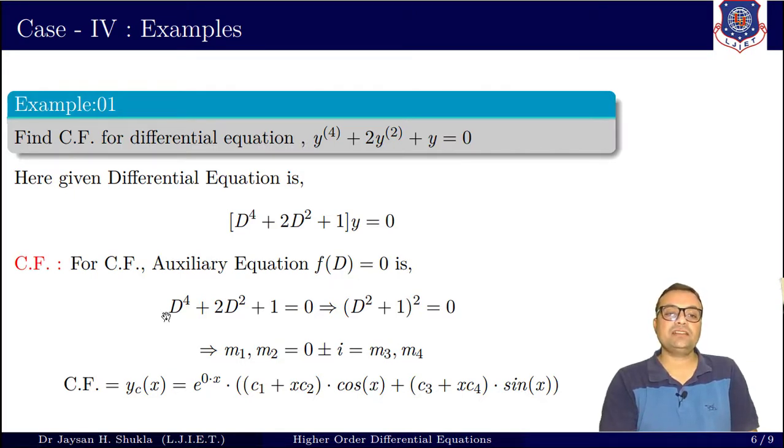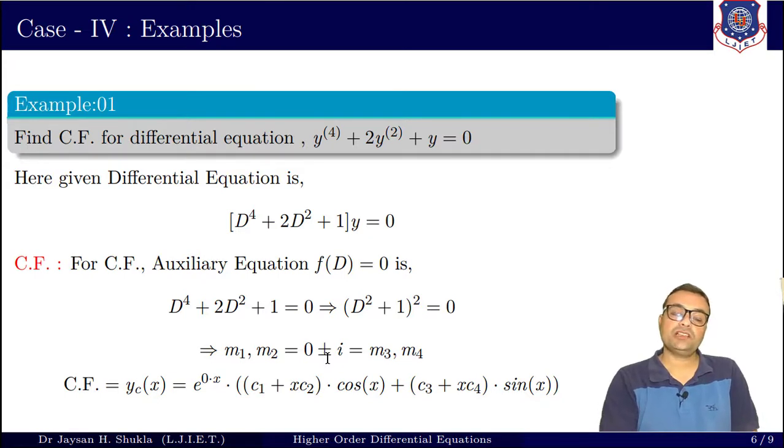If I take D raised to 4 plus 2D square plus 1 equals 0, it simply gives me D square plus 1 whole square equal to 0, which means 0 plus or minus i appears 4 times. So m1, m2 are 0 plus or minus i, m3, m4 are 0 plus or minus i.